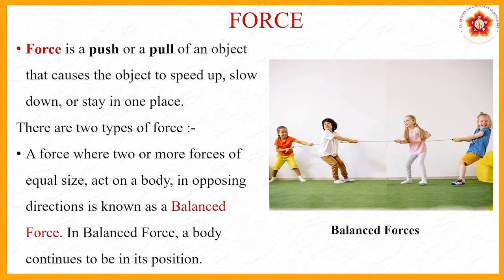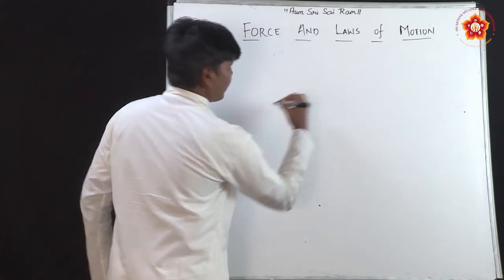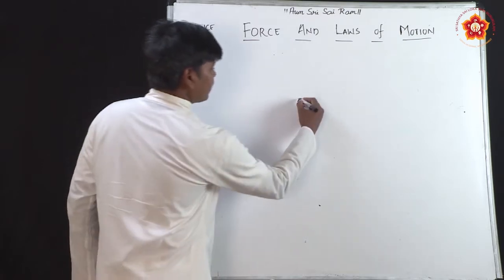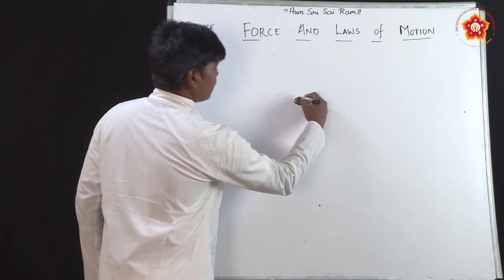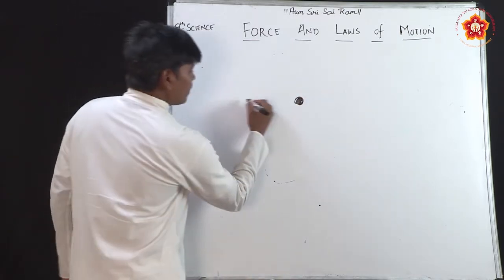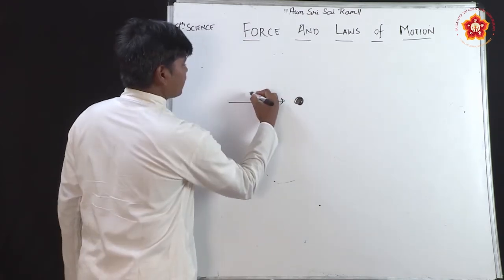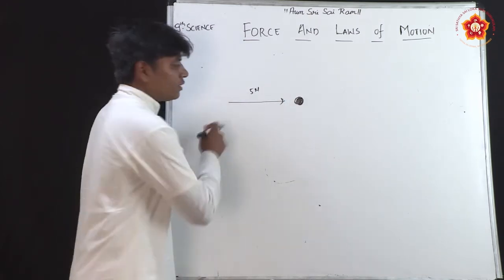That means one team is pulling with one strength of force, the other team is pulling with another strength of force. But when the strength of force is equal, that means there is no movement. For example, here again, you have a body here. This is a stone. All right. So some amount of force, 5 Newton, you are applying on it.